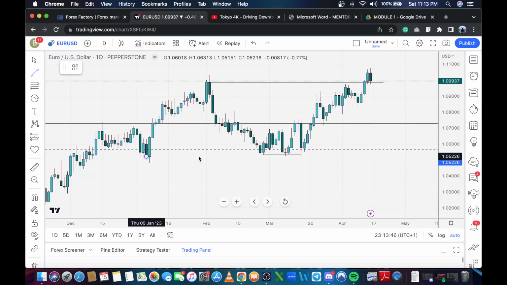That is sell-side liquidity. Remember what I've taught you guys? In a predominantly bullish order flow, at a higher time frame discount, if you see a break on the low and price rejects, that is a long-term sponsorship.